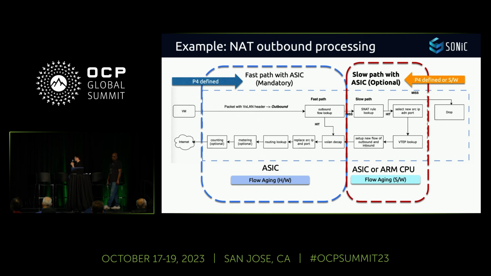If a new technology can support it in the hardware, the red part is placed in the hardware. Otherwise, it can be placed in the DPU's ARM CPU or the RISC-V CPU. So it's flexible, because the fast path and slow path can both be defined, but it depends on the hardware. We can support it in hardware, or part of it in hardware and part in software, to keep the flexibility.